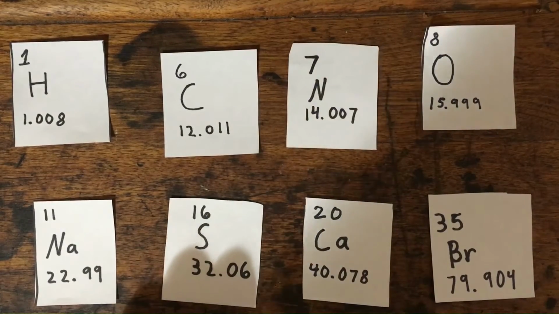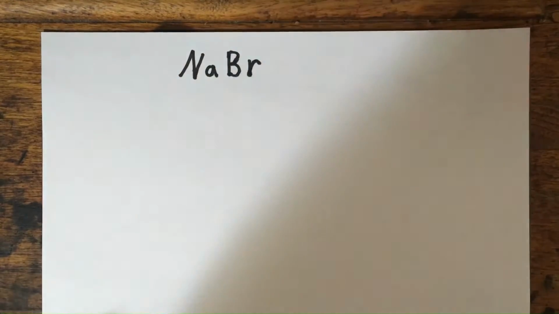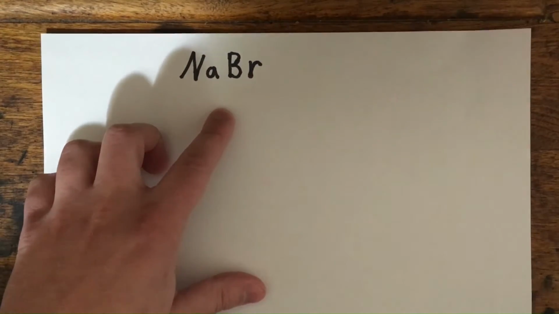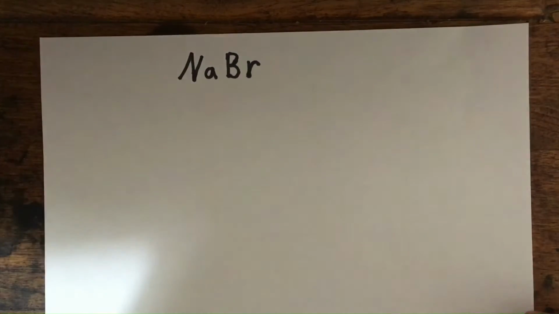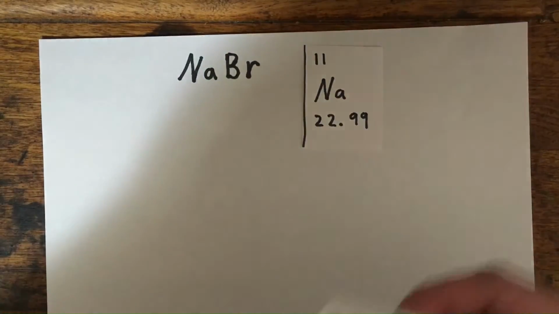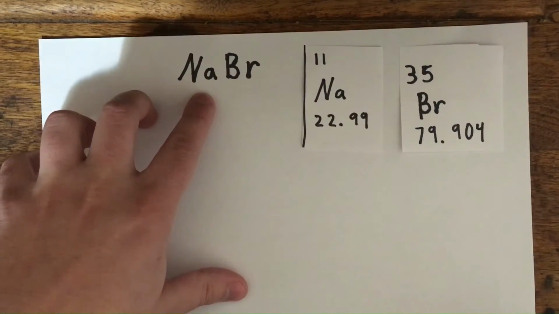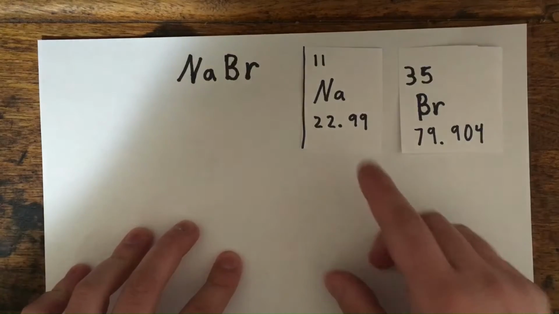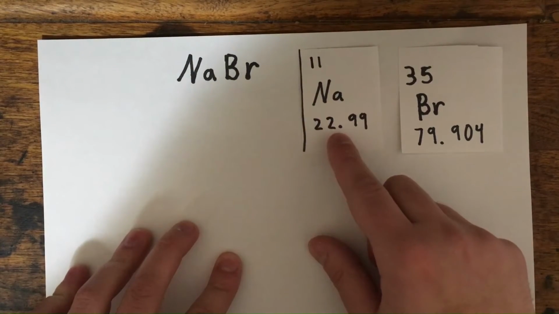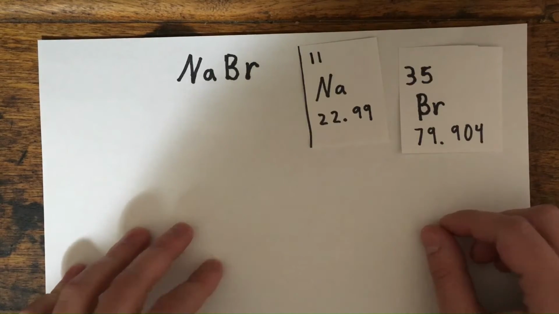What do we do when we have to find the molar mass for a molecule or a compound? Well, let's start with this example, NaBr. So we want to look at the periodic table and find Na and Br. So we can see that we only have one Na and we only have one Br. So all you have to do is add up 22.99 plus 79.904.